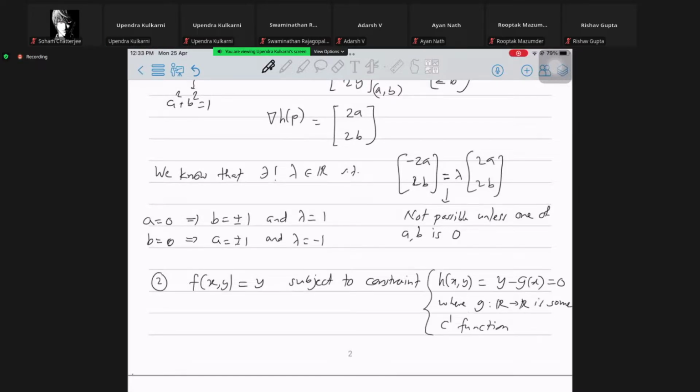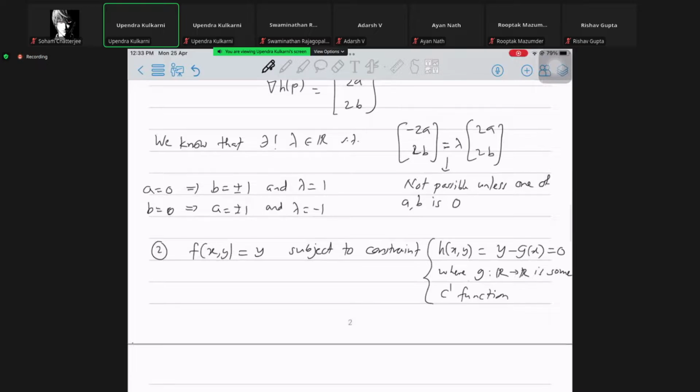Exactly. What does it mean to say that the constraint is true? That means that y has to equal g of x. In other words, for this function h, I'm drawing the level set corresponding to the value 0 in the xy plane. But that is just the ordinary graph of the function y equal to g of x. And on this set, I'm simply asking what is the maximum value of y.